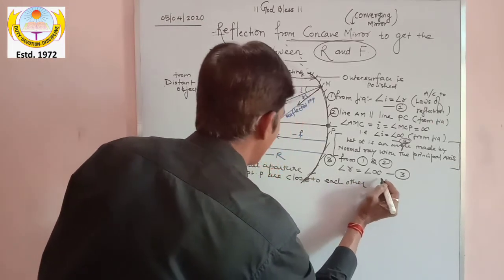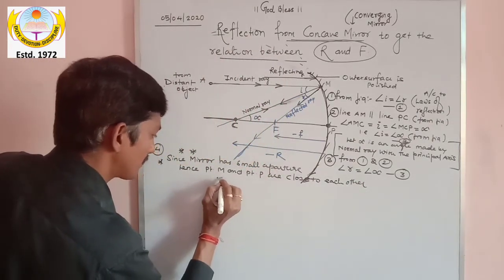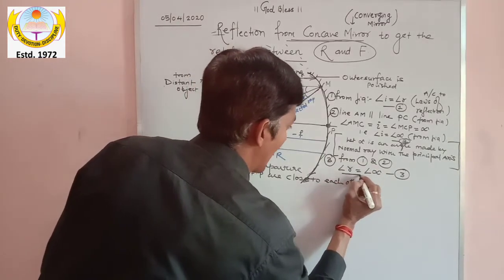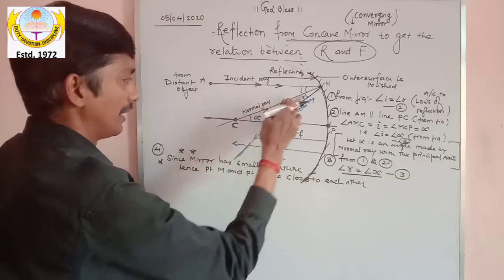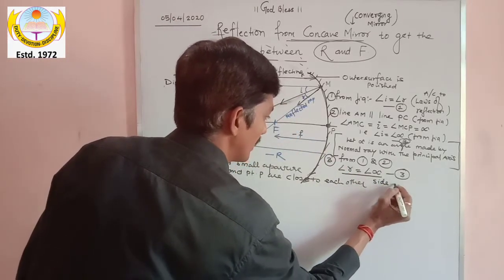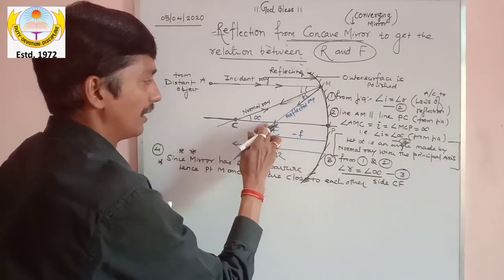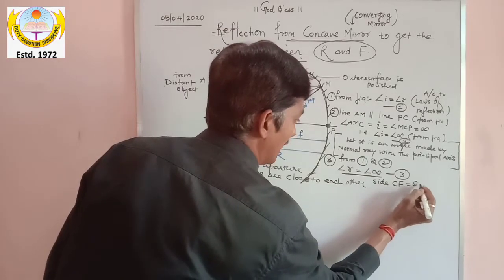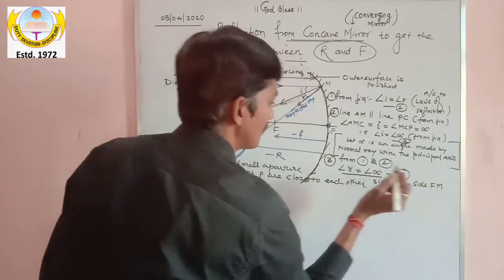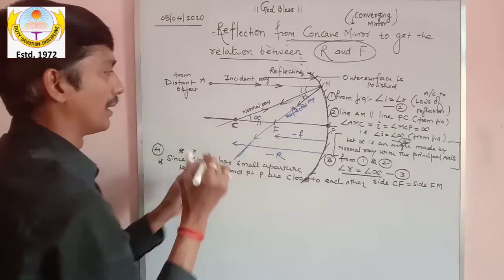This states that, if this and this are equal, then side CF, this side, will be equal to side FM. The side, that is this side and this side, will become equal.